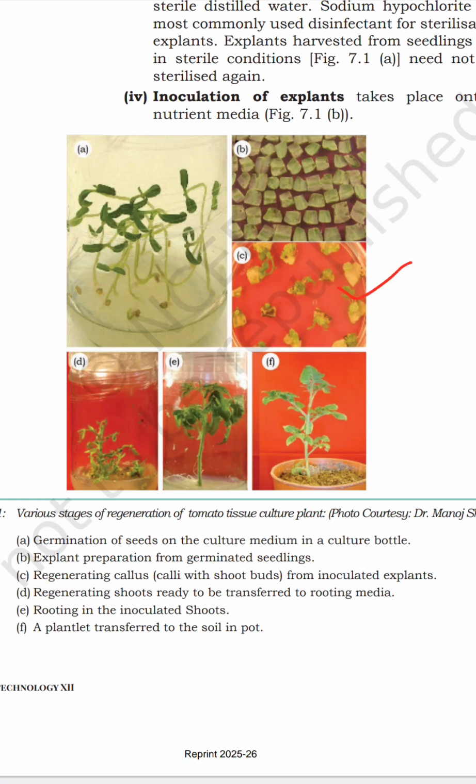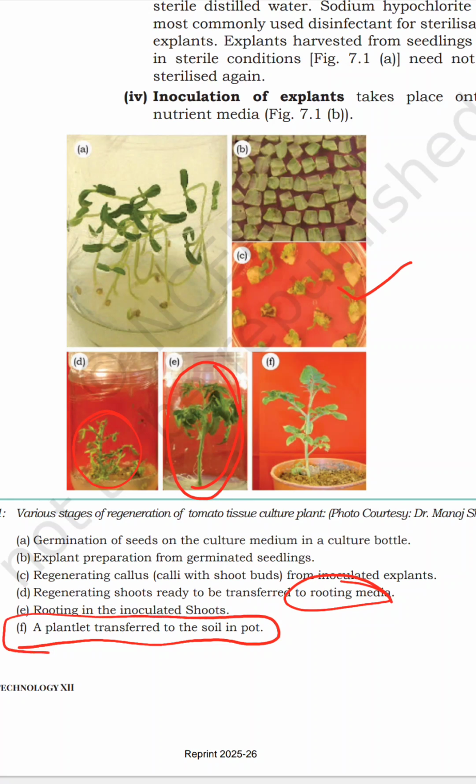We can see callus formed with shoot buds from the inoculated explant. Then the rooting media starts. Here we can see the rooting media observed. Then it starts producing the shoot, and the inoculated shoot roots. Then after it forms the plant rootlets, it is transferred into soil in a pot. This is the process of plant tissue culture.